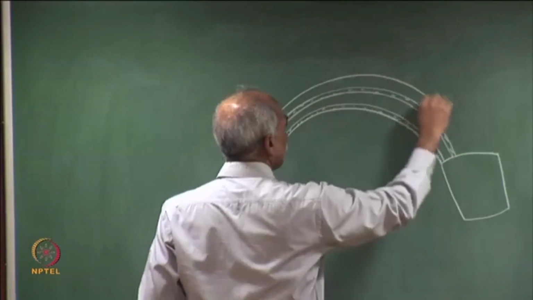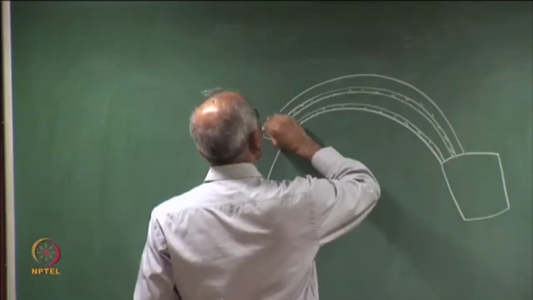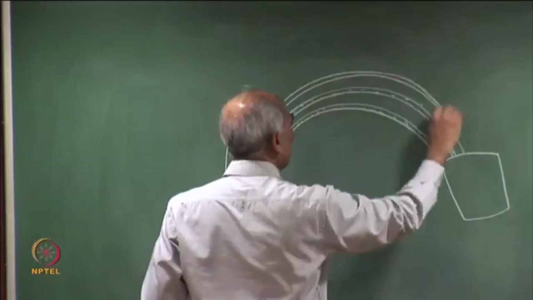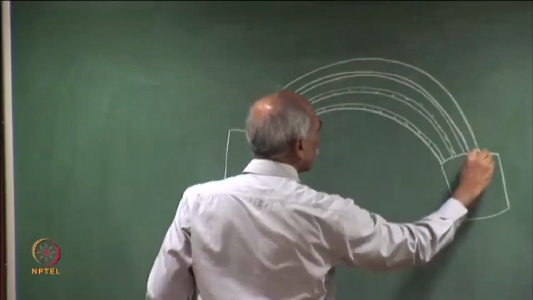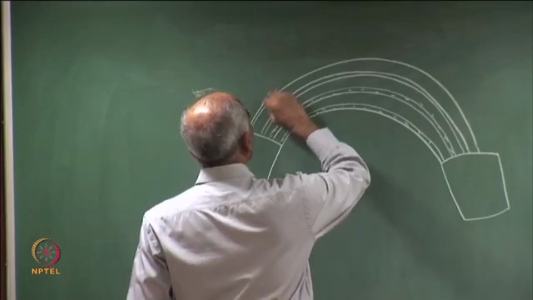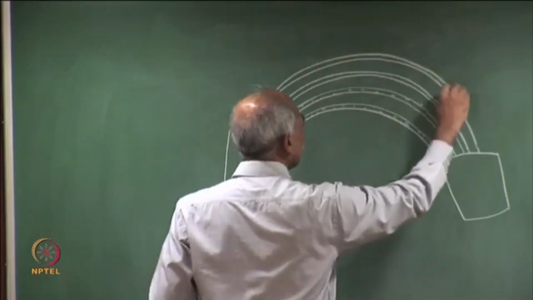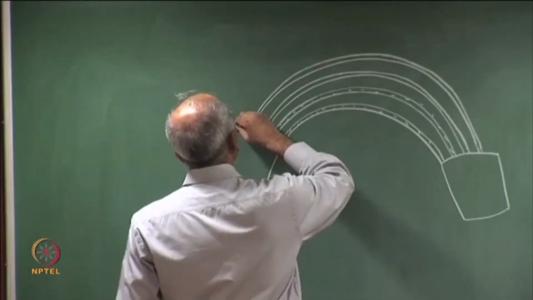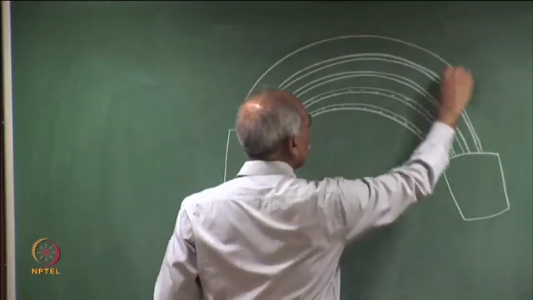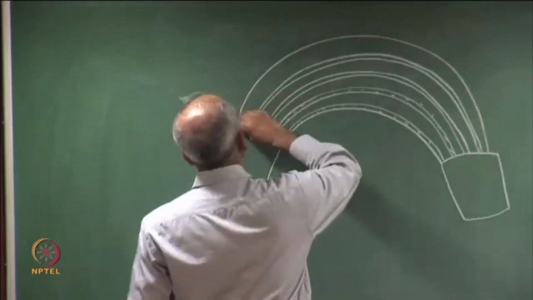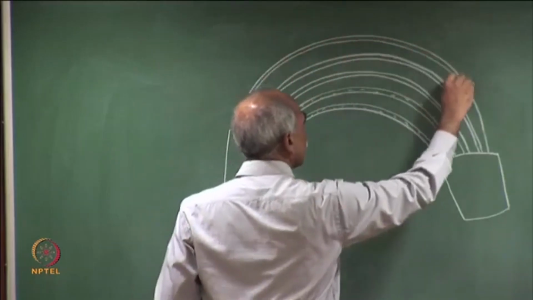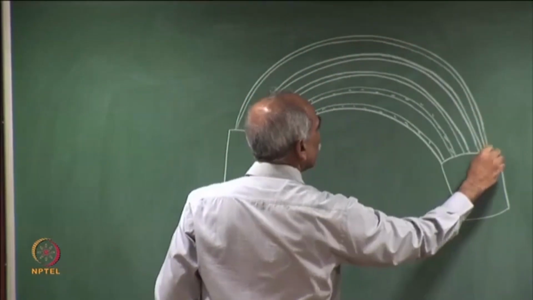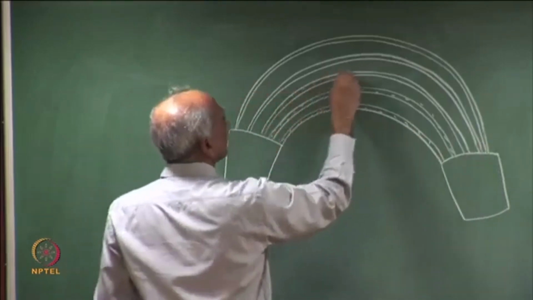Let me show all of them without leaving any gap. I think we will have 5 waveguides. The number could be much larger, but I have chosen 5 here just to distinguish. So, these are optical waveguides.